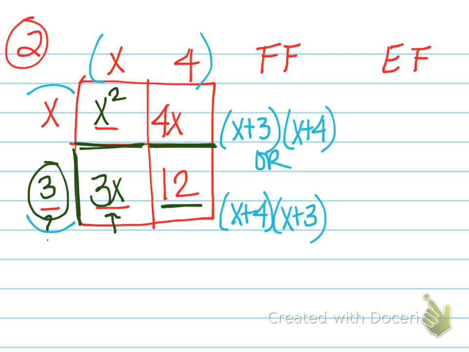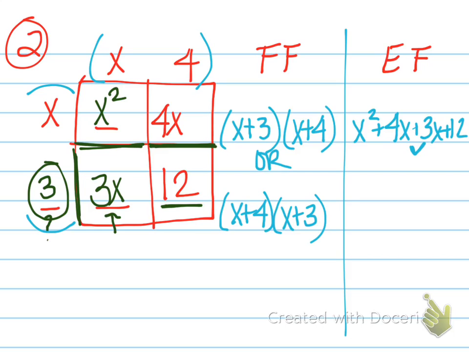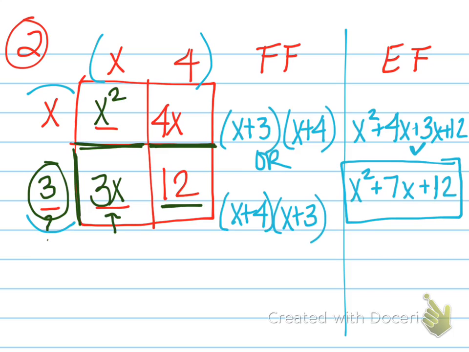Expanded form we want to write in general form, so highest power first. So this would be x squared plus 4x plus 3x plus 12. Combine our like terms, 4x and 3x, so x squared plus 7x plus 12. And there is our expanded form here. Only one way to write that.